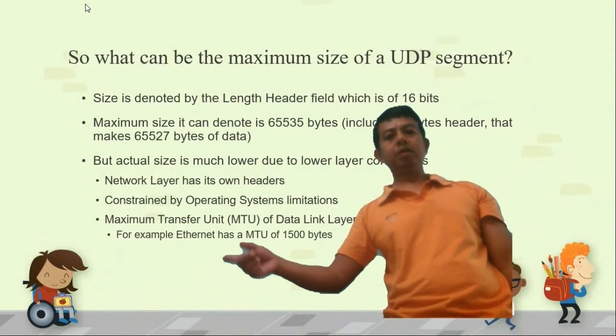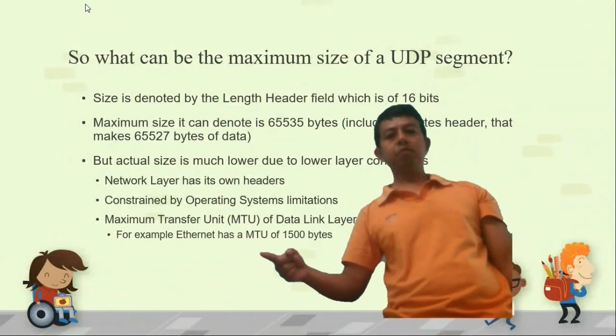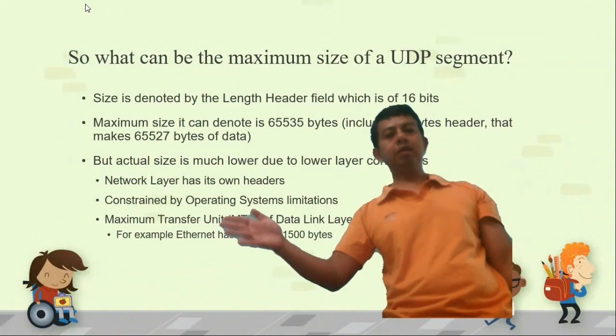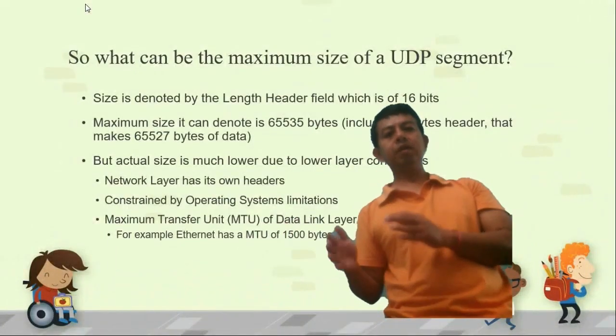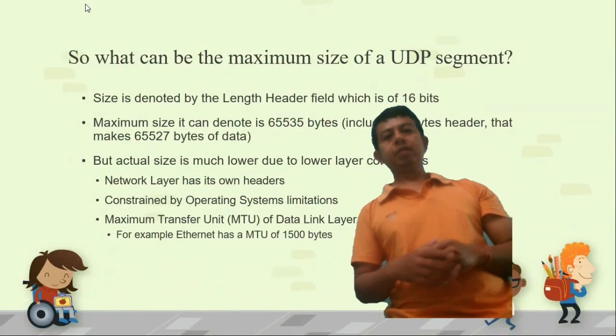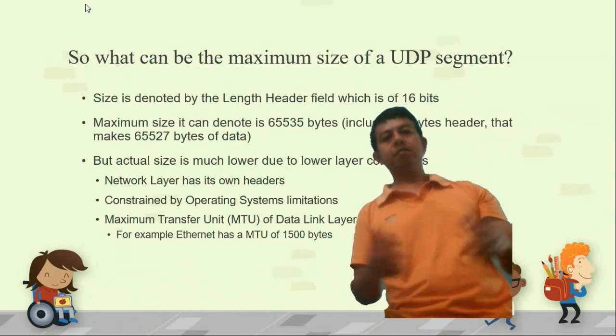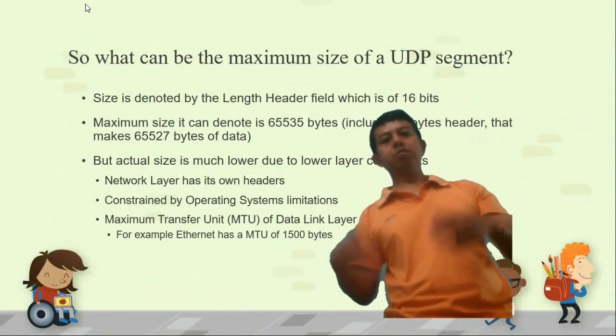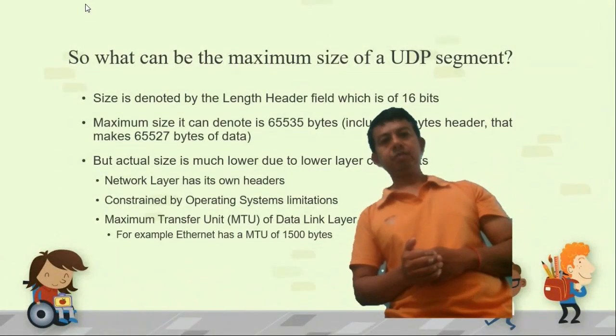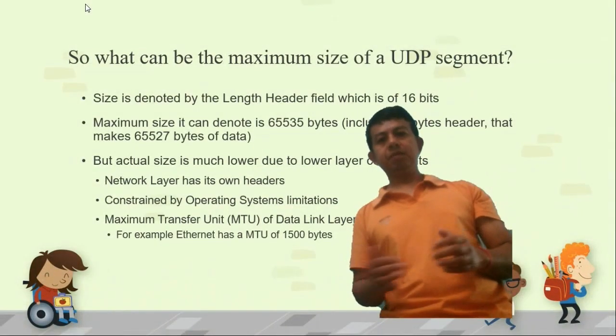Most importantly, the maximum transfer unit of the data link layer. Maximum transfer unit indicates the maximum size of the unit that can be handled by the data link layer of that particular network on which we are sending data. So I hope this aspect is clear.